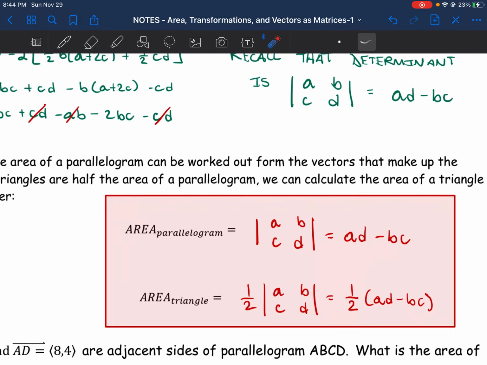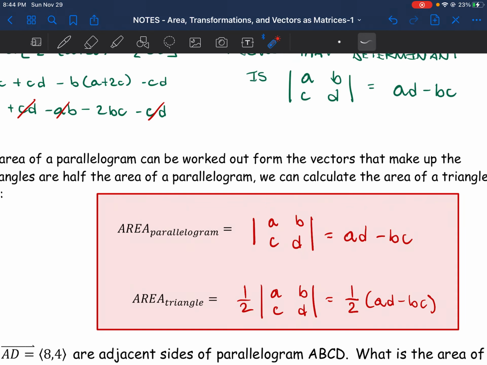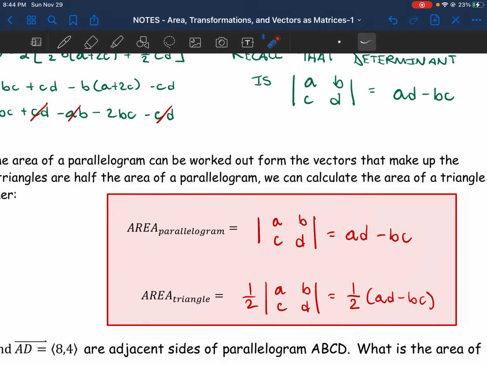So that's what these equations right down here represent. The area of the parallelogram, if we have a parallelogram with 2 adjacent sides, is the determinant AD minus BC, and the area of the triangle is half of that determinant, 1/2 times AD minus BC.